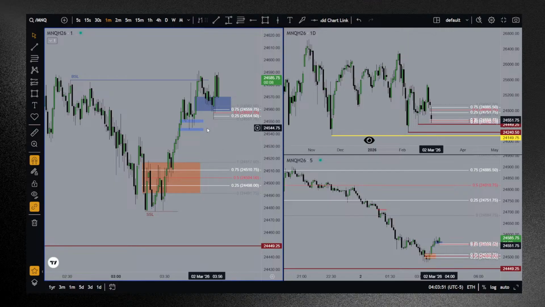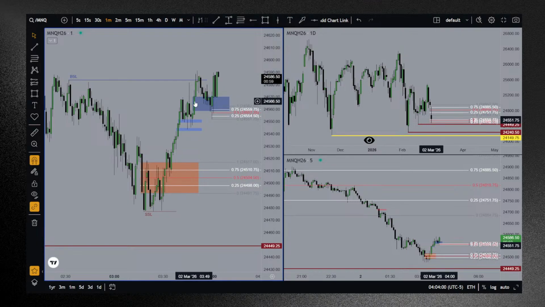Okay, so what's on the table? We had this BISI, which I was willing to see act as an inversion, meaning close below it. We failed to do so. We offered this week below it, and I said if it's bearish, it has to murder this week in the next candle or the one after that. Did it happen?